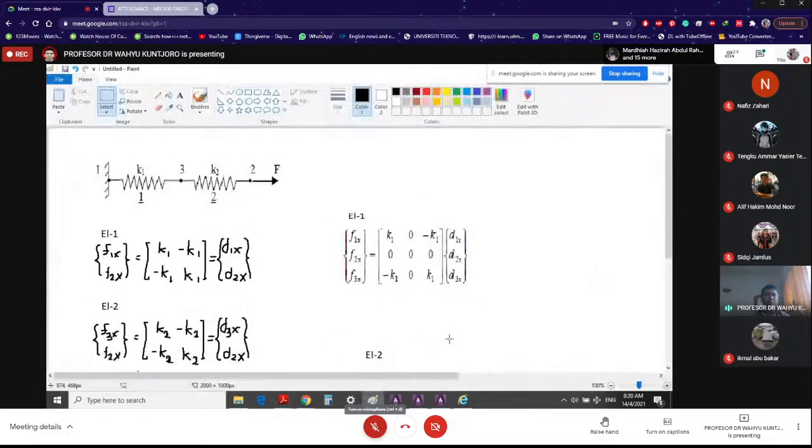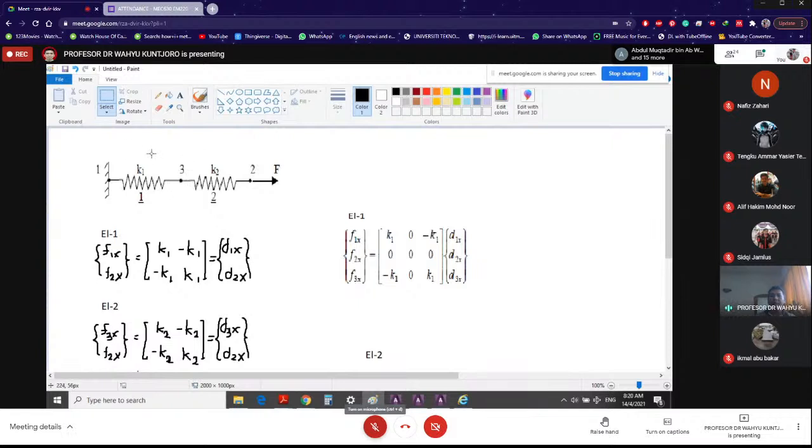So for that, I'm going to go to this Microsoft Paint. So over here, I hope you can see what we have here. If you cannot, just please let me know. I have a finite element model of a spring system. And in this case, we got two springs.